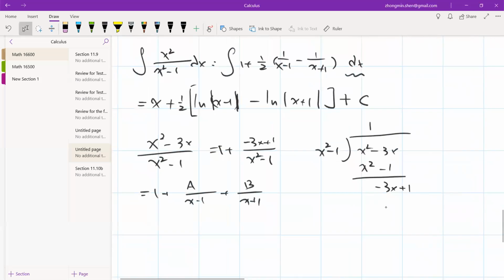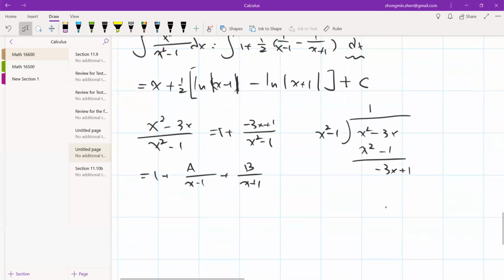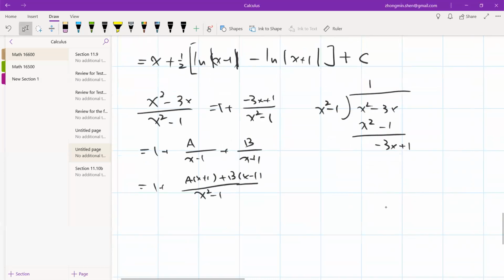Then you can determine the coefficients. But here it's harder to guess what A and B are. It's more complicated than the previous one. So you have to combine them again and determine the coefficients. So it's A times x plus 1 plus B times x minus 1. You compare the coefficients: A plus B should be equal to -3, and A minus B should be equal to 1.